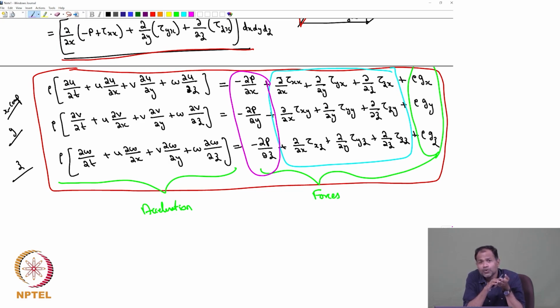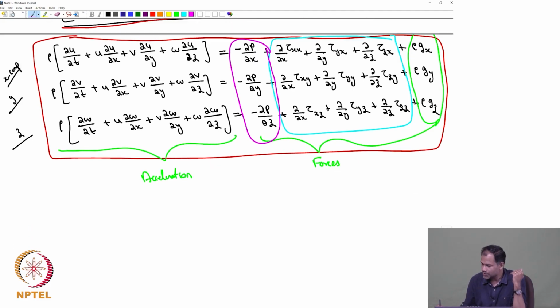That is where Newton's law of viscosity comes into the picture. We can use Newton's law of viscosity to write stress in terms of velocity gradients. Then the stress unknowns will go away, and instead we are going to get velocities. So, we can try to do that now.